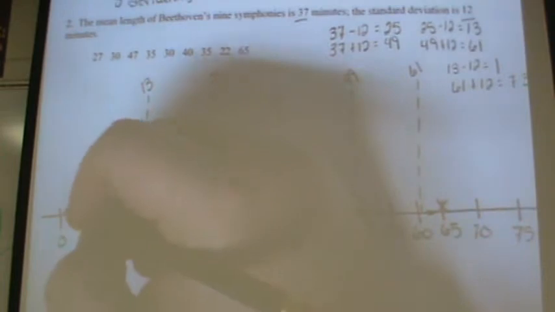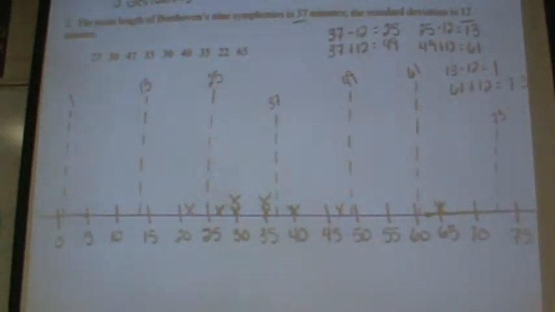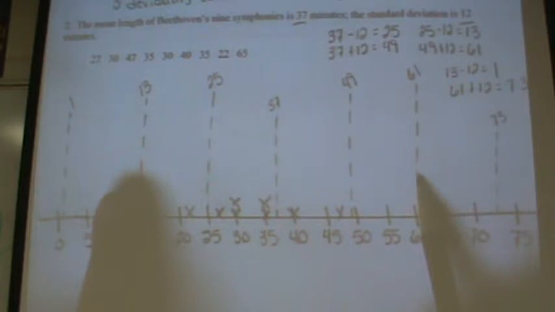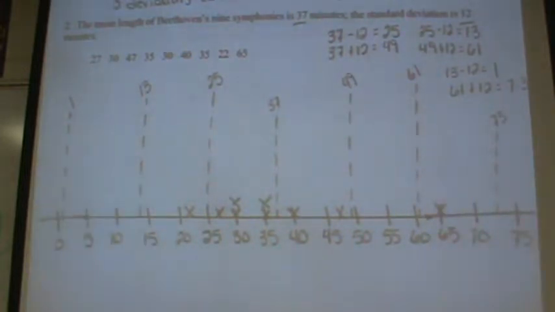So we're going to plot 1, and then 73. So those are all of our standard deviations. So again, we have 1 standard deviation, 2 standard deviations, 3 standard deviations to include all of our values. So it took 3 deviations again.